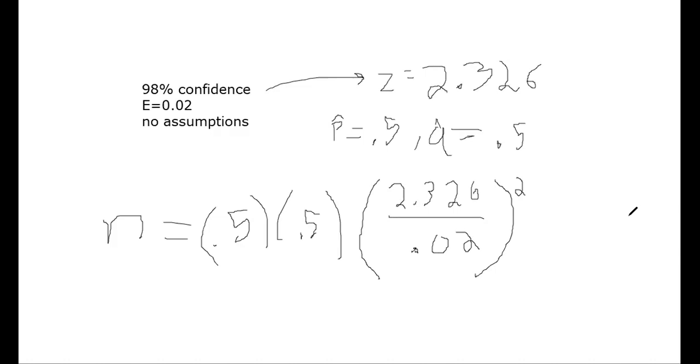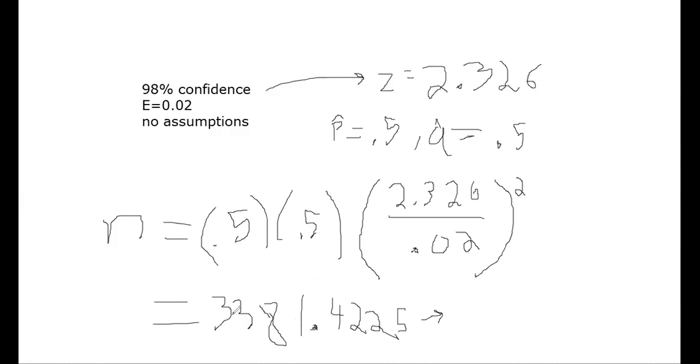And then you just multiply that by 0.5 by 0.5. What you're going to get is 3381.425. Let's make that a more obvious decimal.